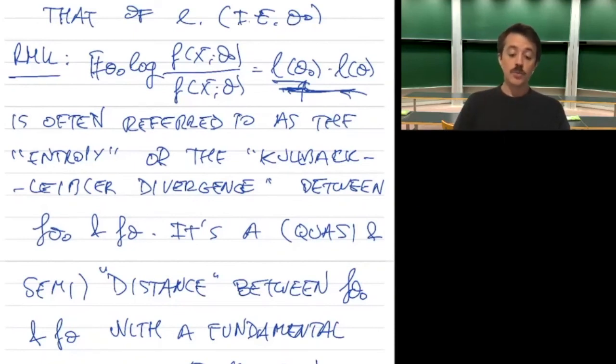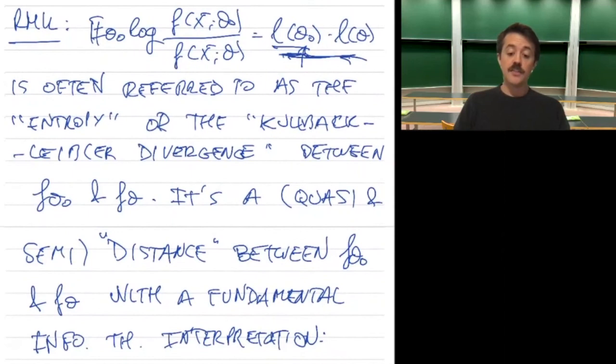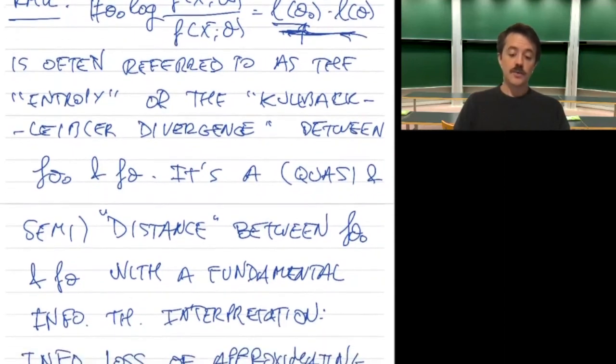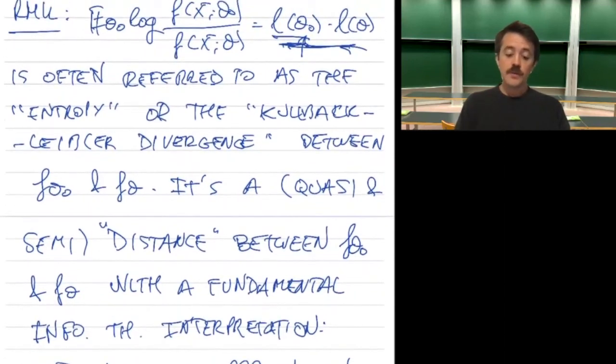So the value that will minimize the information loss is indeed the MLE, or theta naught in this non-approximate version. That's obvious, of course, theta naught should be the best.